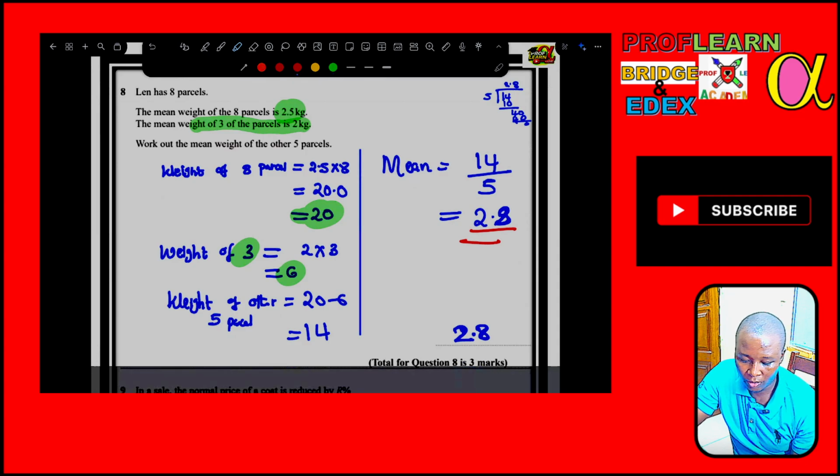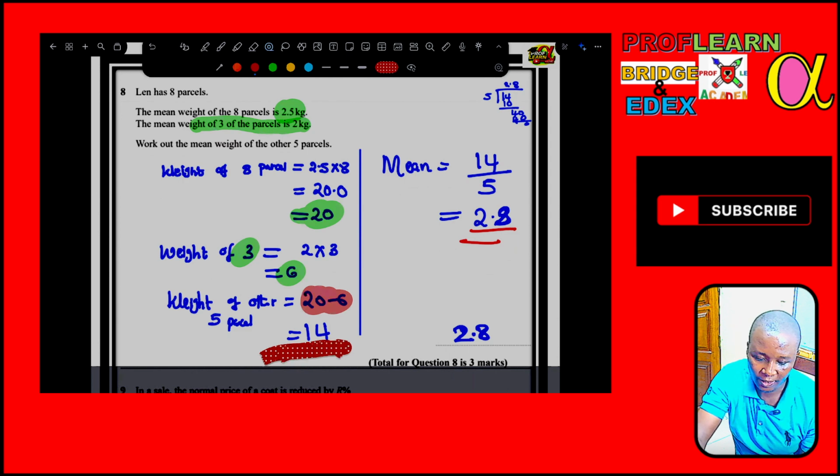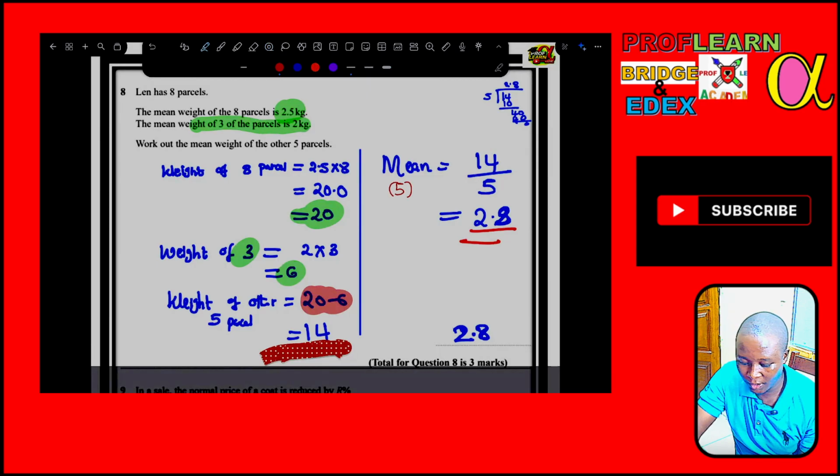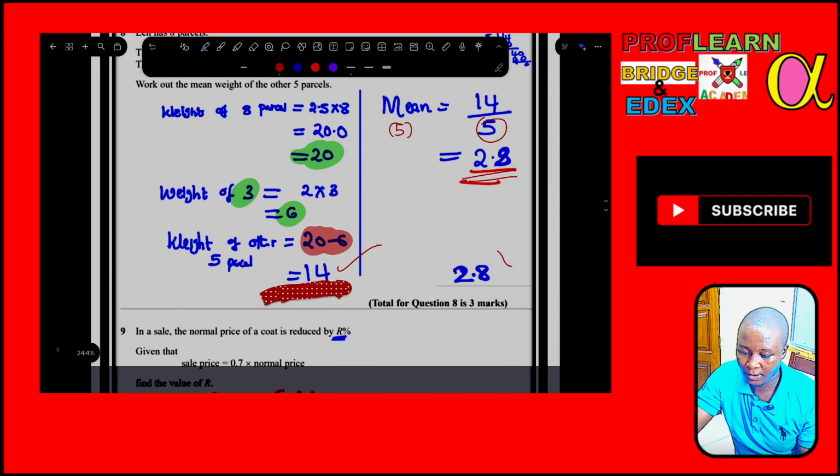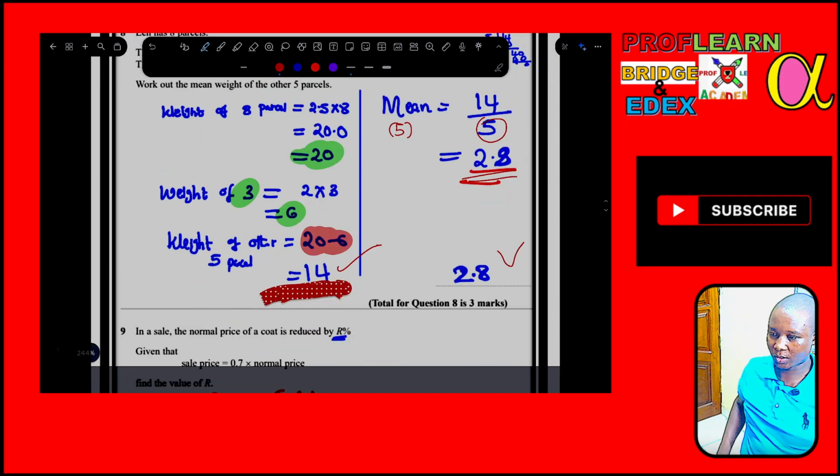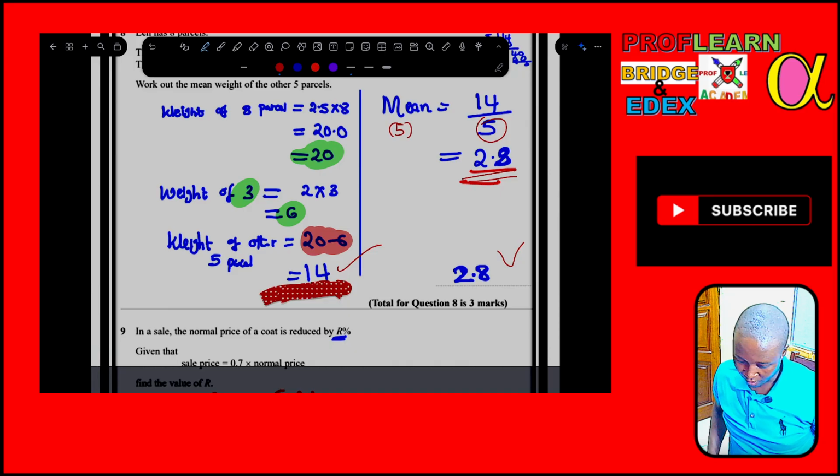So 20 minus 6 translates to 14 kilograms. Meaning that the mean of the 5 parcels is going to be 14 divided by 5, and that is going to translate to 2.8, and that's all. That's what you are supposed to do in such a question.